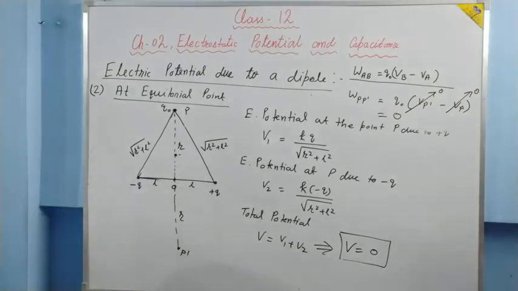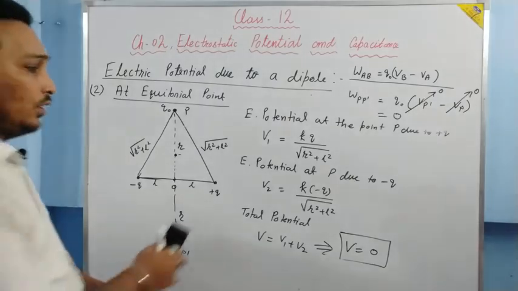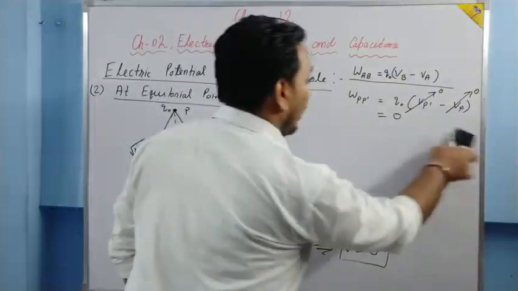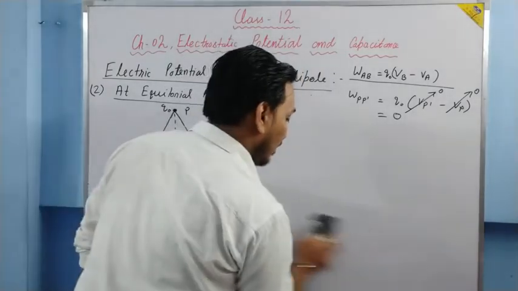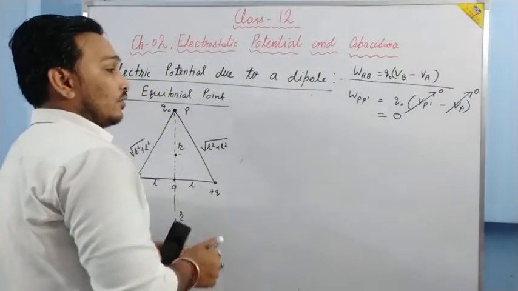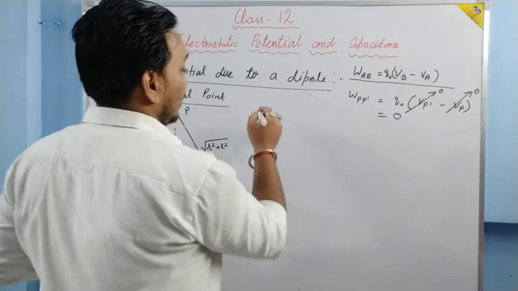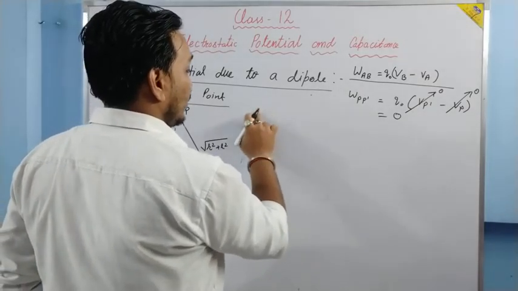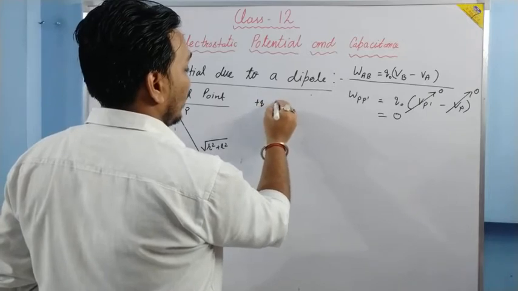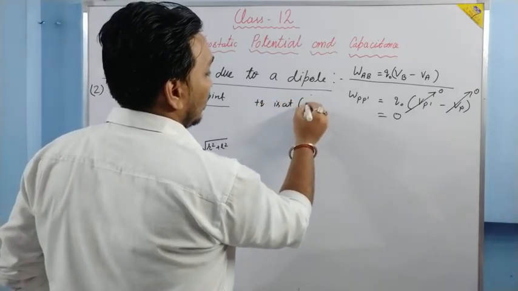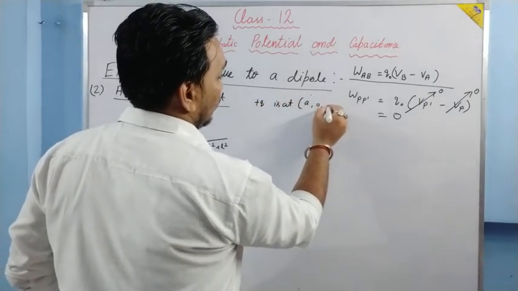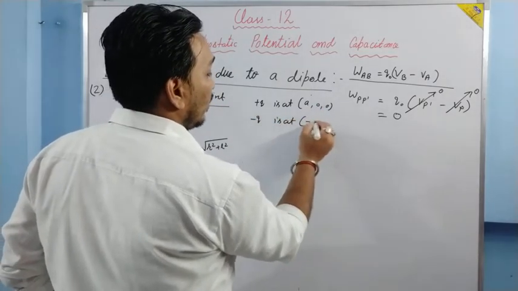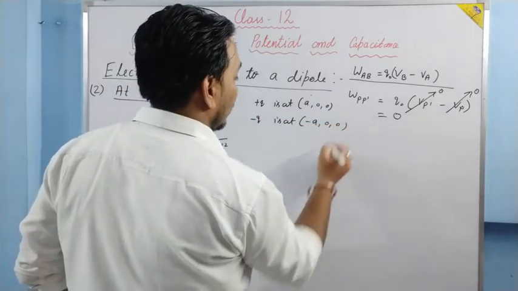I'll give you an example. It is a question in the NCERT also. There will be two charges, plus Q and minus Q. One charge plus Q is at A, 0, 0 and minus Q is at minus A, 0, 0.